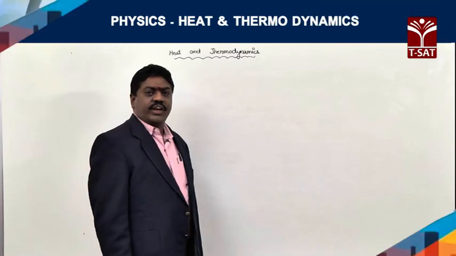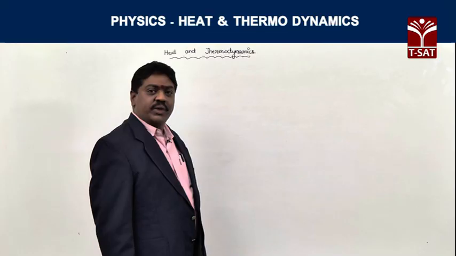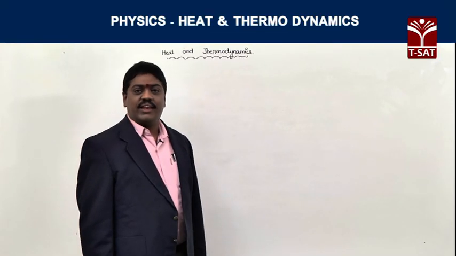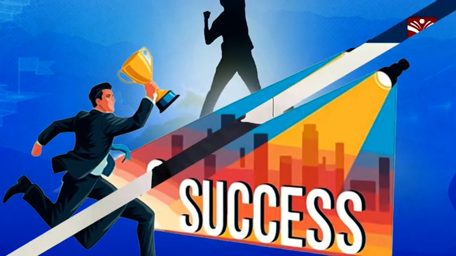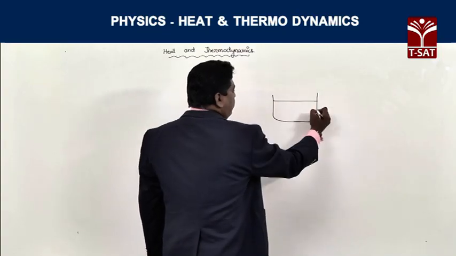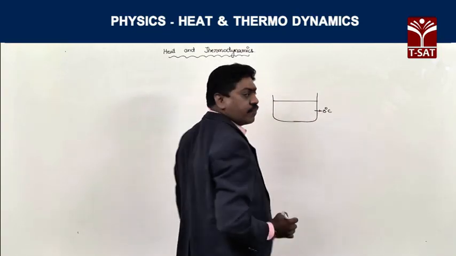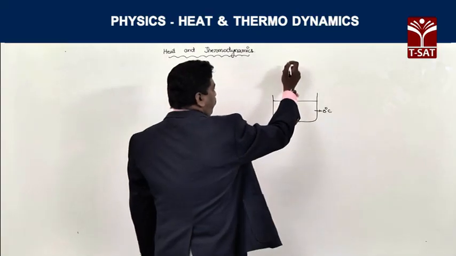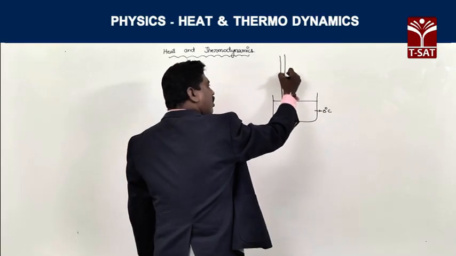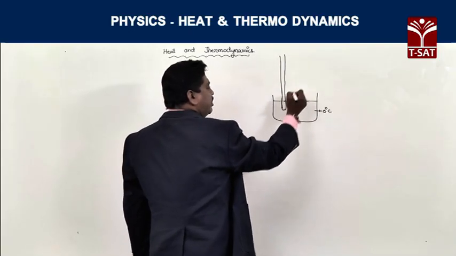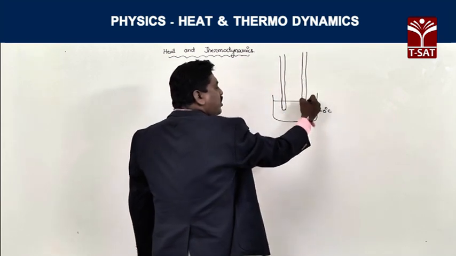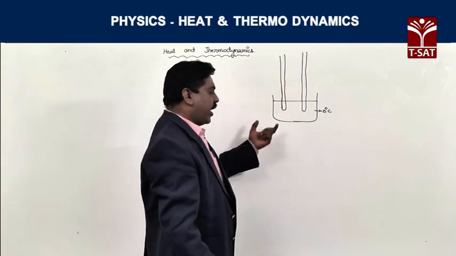Now, let us try to obtain the relation between the various scales. Let us first find the relation between the Celsius scale and the Fahrenheit scale. Consider a trough containing ice, which is at 0 degrees Celsius. Let us now consider two glass tubes in which mercury is present, and these two glass tubes are kept in the ice container.